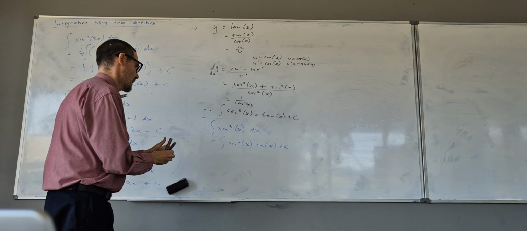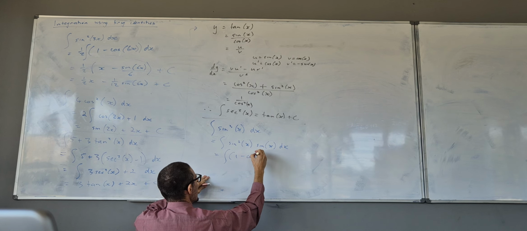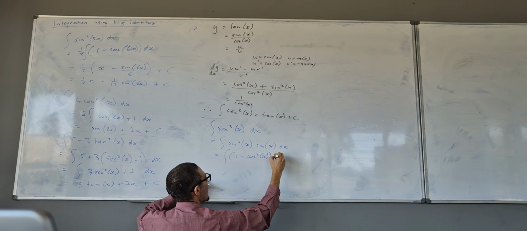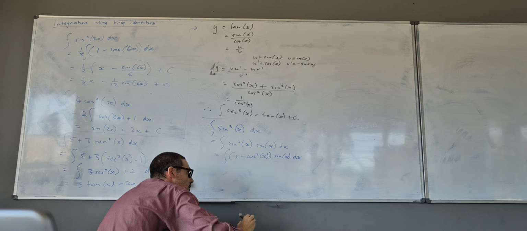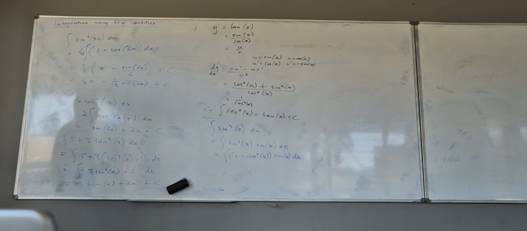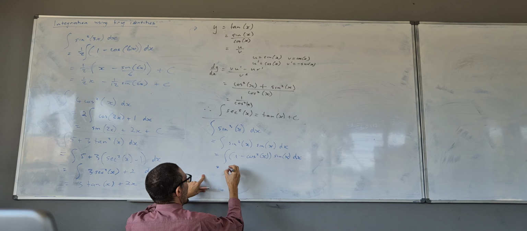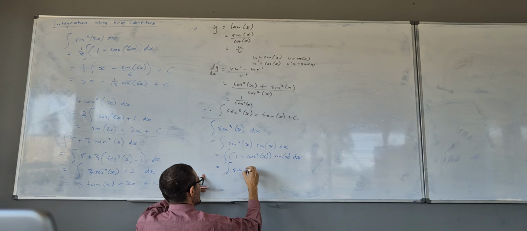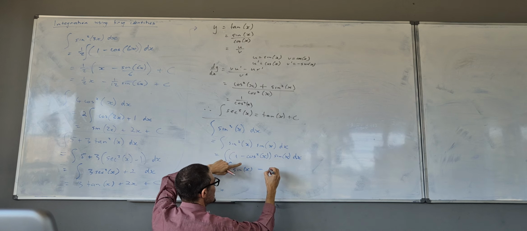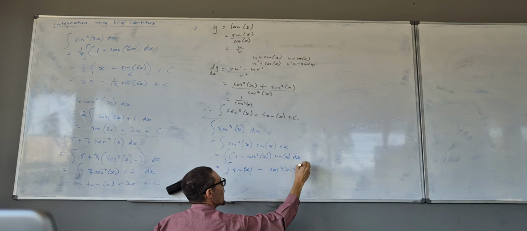Sine squared is 1 minus cos squared. Then do you substitute? I'm then going to use substitution. It takes a little bit longer to get there. I'm going to go integral of, let's expand it, sine x, that's easy, minus cos squared x sine x.